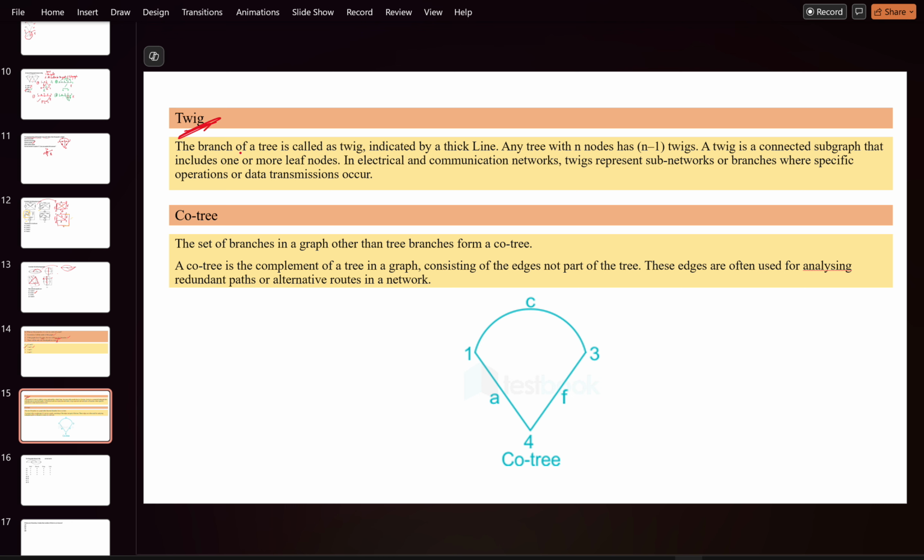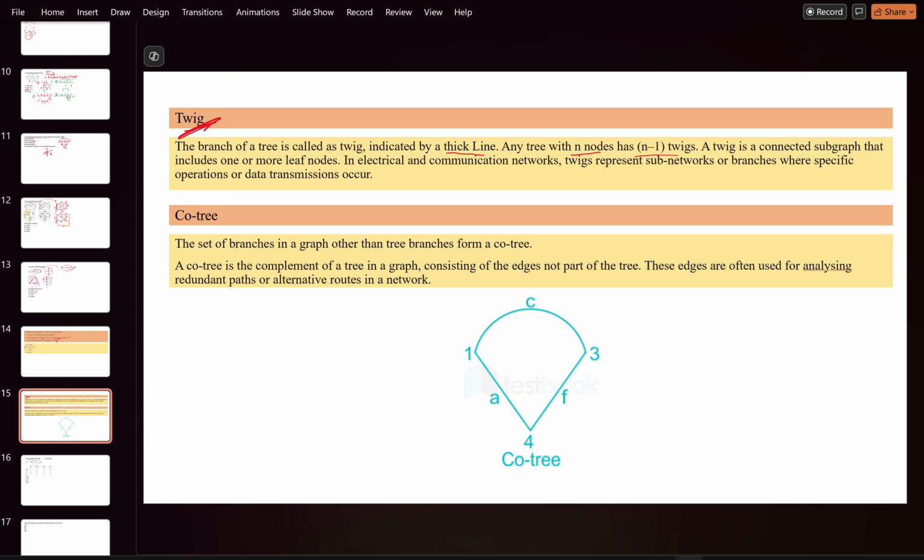A twig is basically a branch of the tree, which is indicated by the thick line. Any tree with n nodes has n minus one twigs. And the twig is actually a connected subgraph that includes one or more leaf nodes. So the basic definition is that the twig is a branch of the tree.